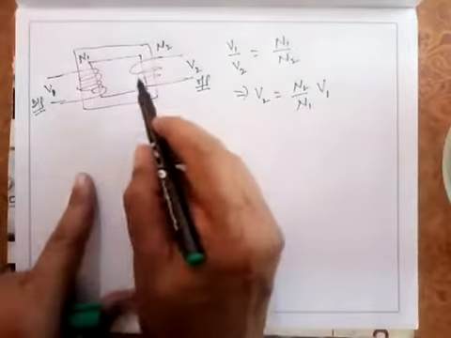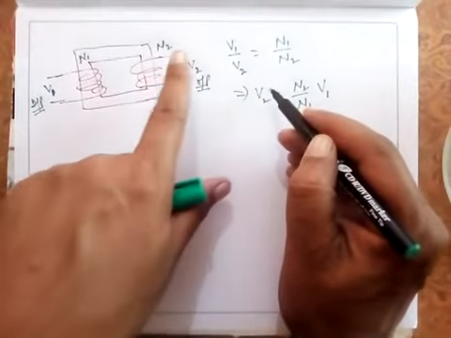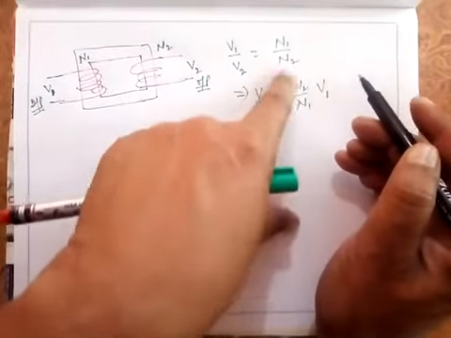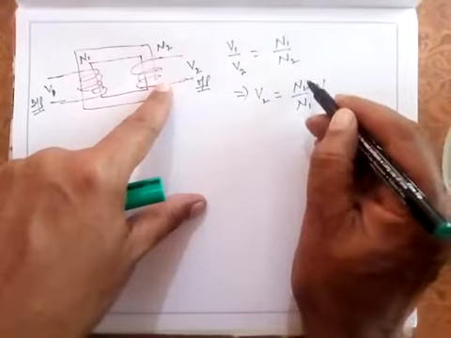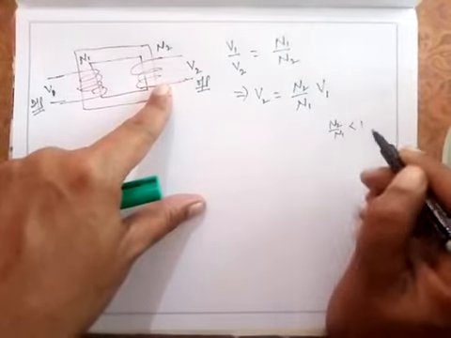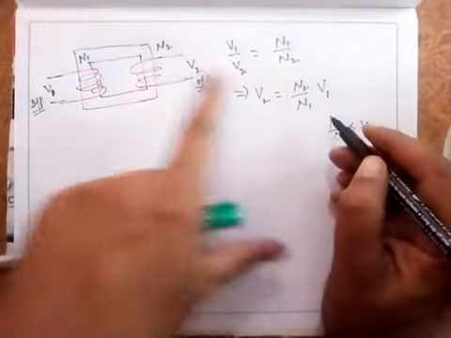I am interested in the output voltage. If I want this output voltage less than the input voltage, then N2 upon N1 should be less than 1. So for a step down transformer, N2 upon N1 should be less than 1, or N2 should be less than N1.